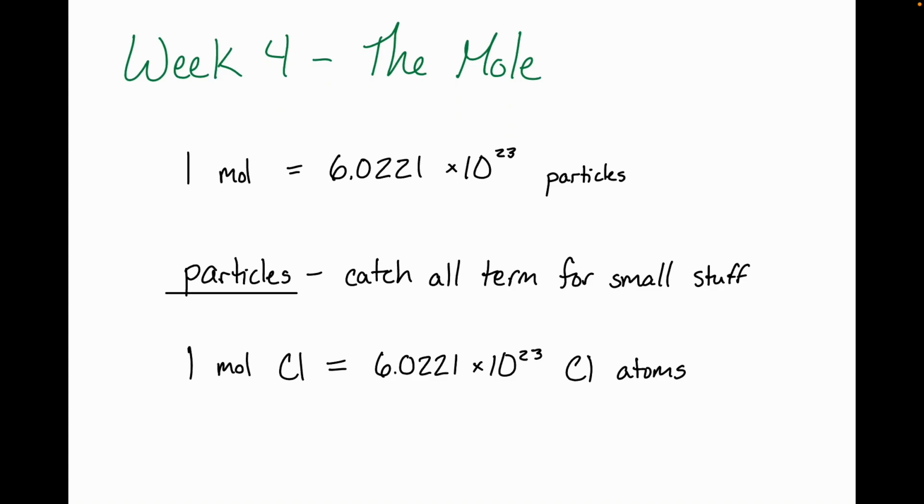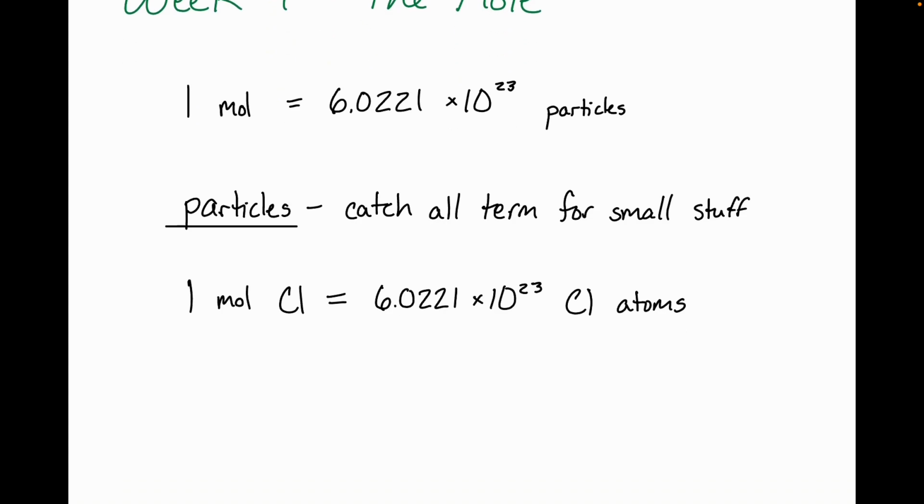You could say chlorine particles, but it would just sound weird. Because particle is a catch-all term for small stuff, but since we're talking about a specific element here, we're talking in terms of chlorine atoms. So an atom, strictly speaking, is the smallest unit for a particular element.